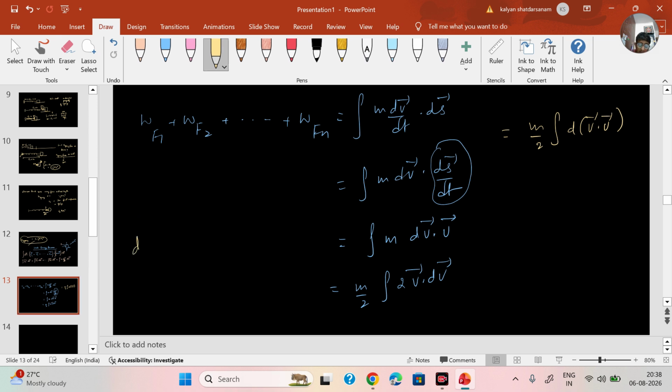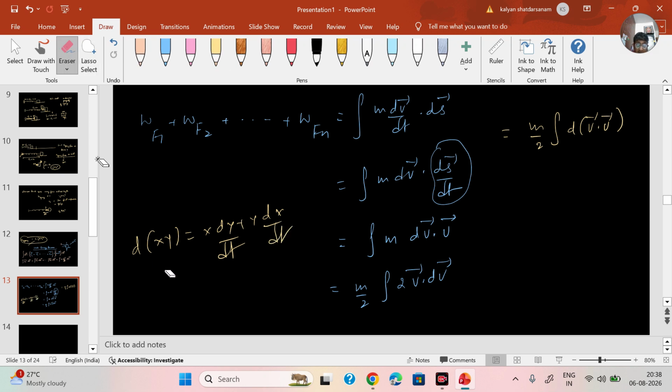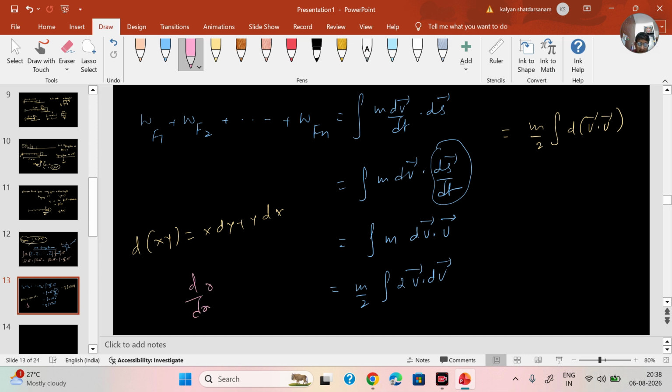So you have a rule, the product rule. D of xy is x dy plus y dx. Of course, I am not telling with respect to which variable I am differentiating. If you say by dt, okay, you do by dt. But I am writing it as differentials. Writing this way, without telling with respect to which variable you are differentiating, we call it a differential. For example, d by dx of x square is 2x.